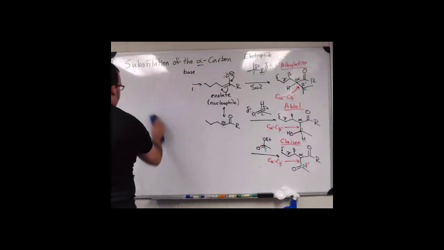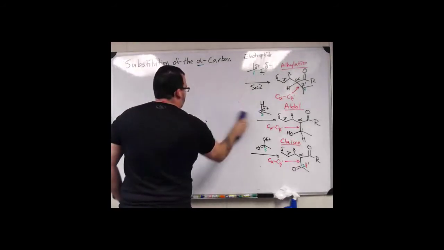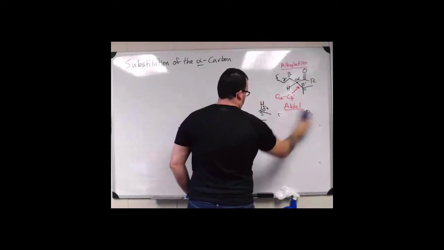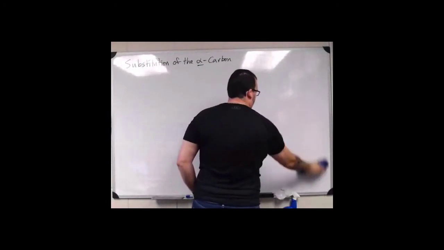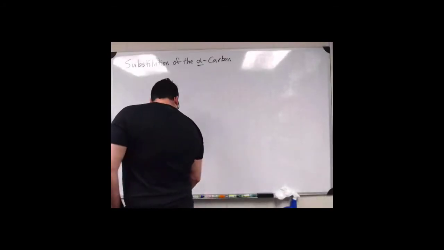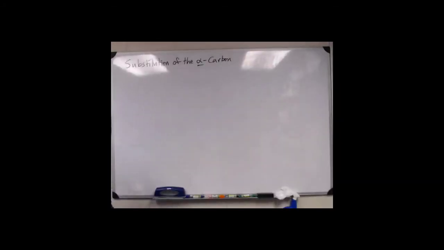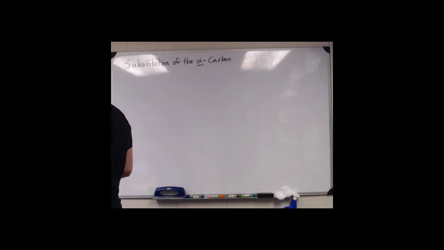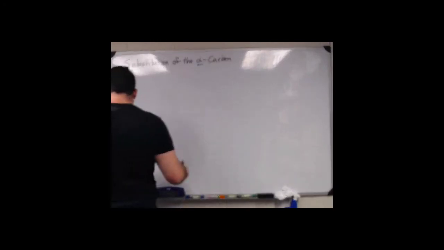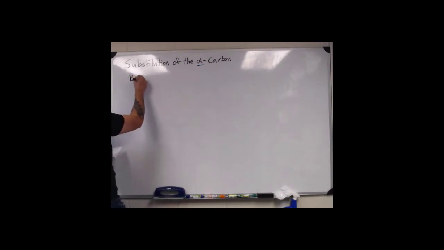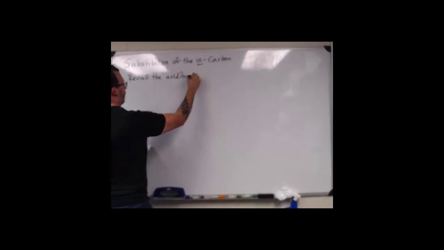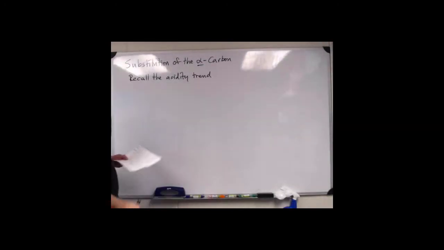And that was the big picture of what we're going to be doing. We'll look at these different reactions in different contexts. So what we want to do now is understand why the alpha carbon is acidic. So we're going to look at carbon hybridization.